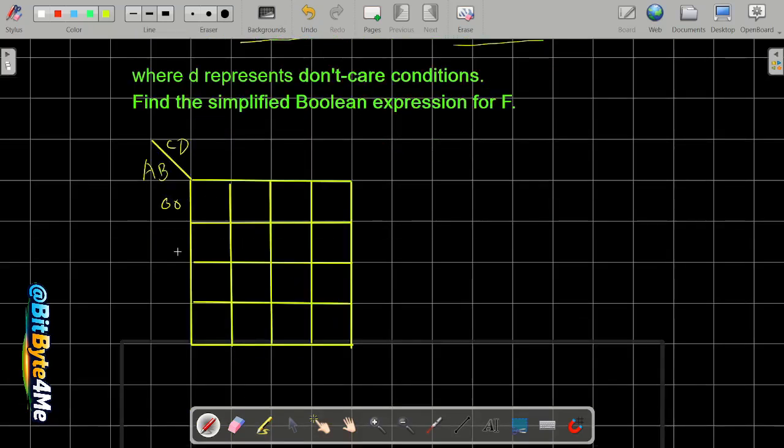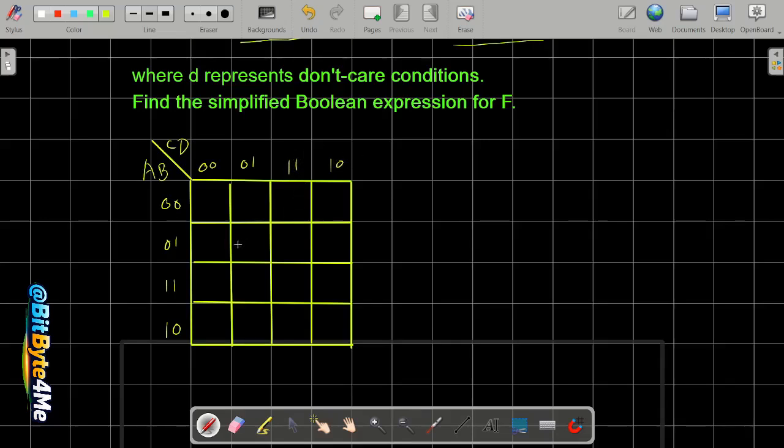0, 0, 0, 1. Here 1, 0 and then in this box 1, 1. This must be kept in mind, that we have to put 1, 0 in this box and then 1, 1 in this. Similarly 0, 0, 0, 1, then 1, 0 in this box, then 1, 1.